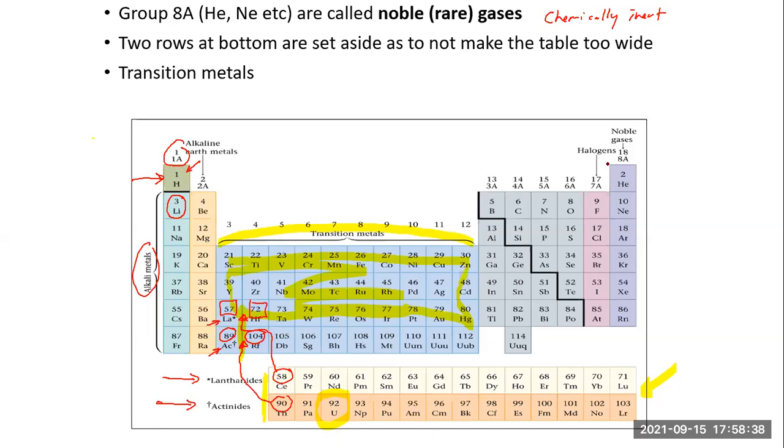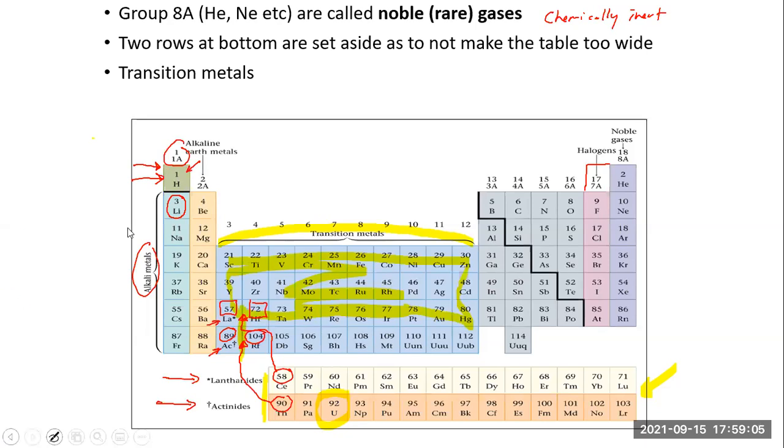Even though sometimes you'll see hydrogen over here on some periodic tables, most of the time we don't associate any group with hydrogen, because it's definitely not part of group 7, which are the halogens. So hydrogen is definitely not a halogen. Other questions? Okay.